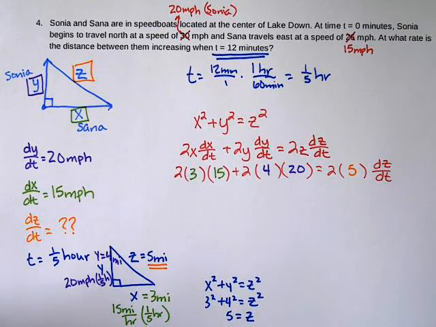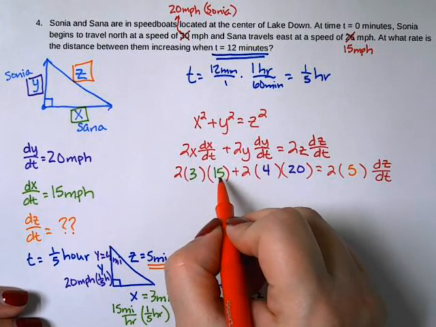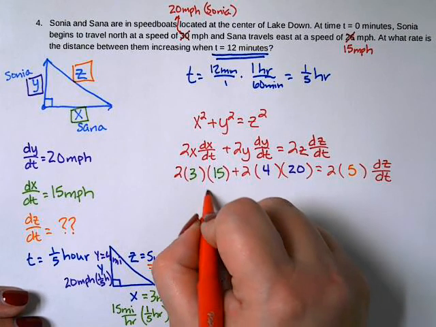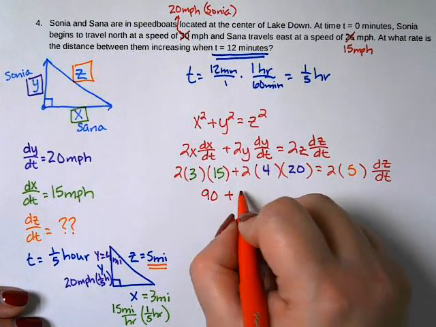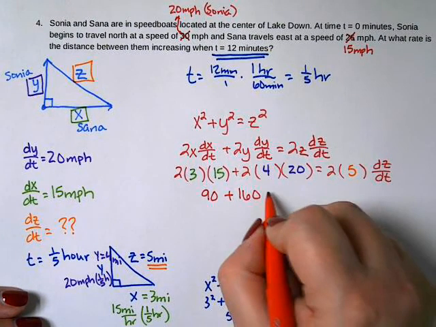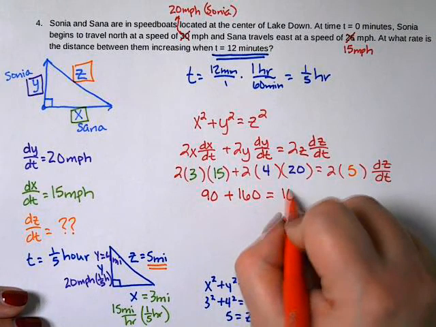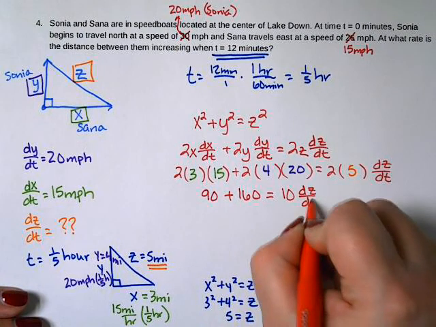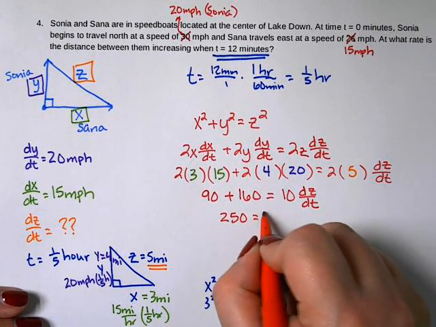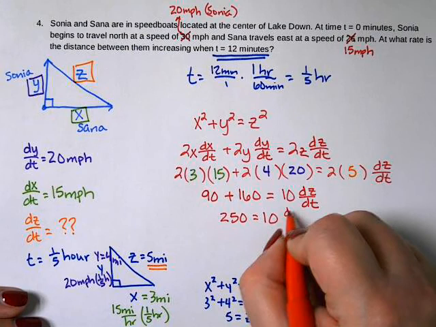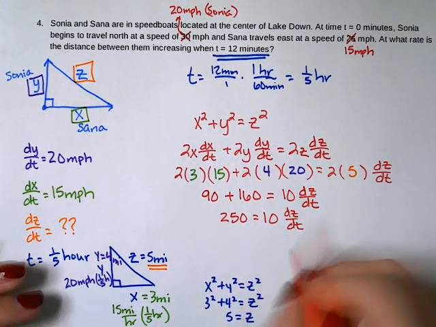So now all we have to do is simplify that out. So let's see, 2 times 3 is 6, times 15 is going to give me 90, plus, let's see, 40 times 4 is 160, equals 10 dz/dt. 90 and 160 is going to give me 250, equals 10 dz/dt, and I can just divide by 10.